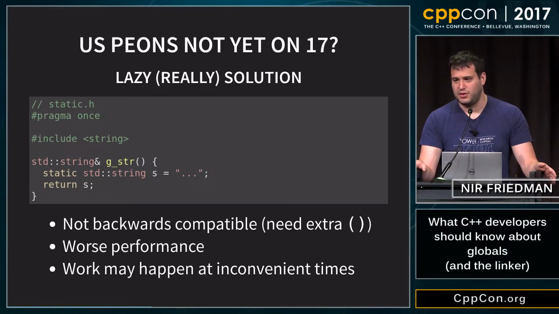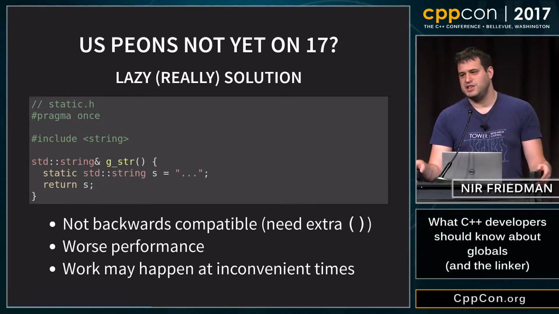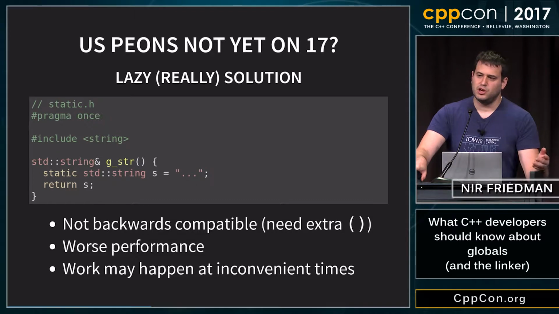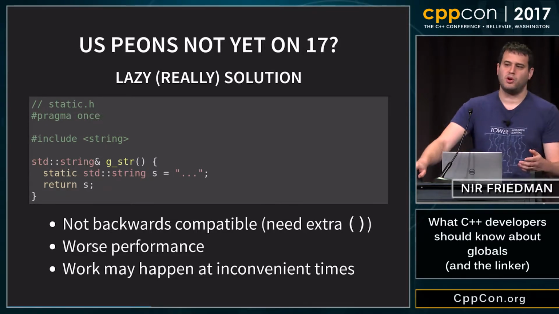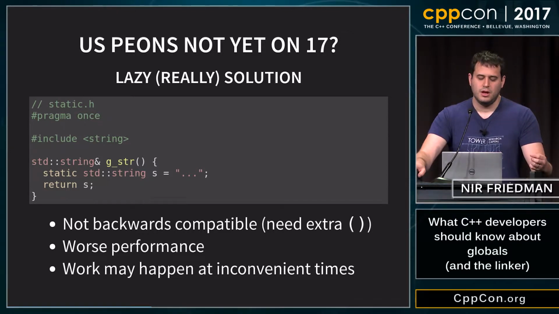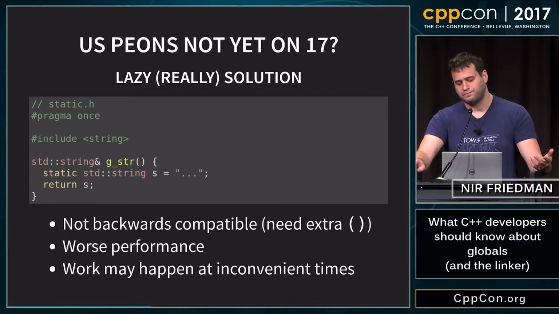So there are some good things about it, there are some bad things about it. It's lazy, so it always gets constructed when you need it. But if you're replacing an existing global, you now have to add these parens everywhere. That could be annoying. Bigger concern, there are some performance questions with this. First of all, you're going to have a branch every single time you access this global, forever. There's also going to be some extra code there to atomically ensure that this is initialized only once in a thread-safe manner.